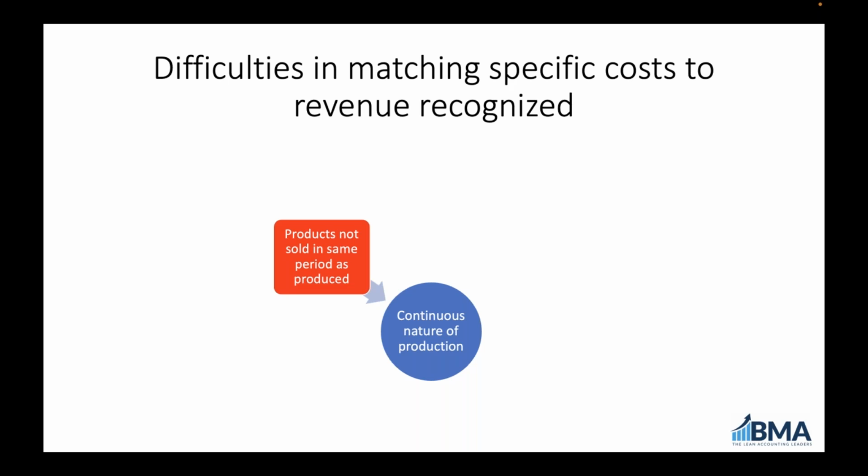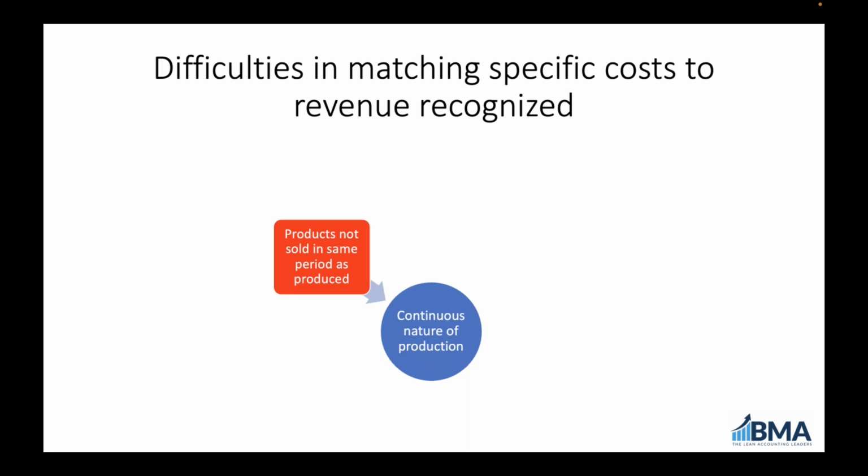Sometimes products are produced and they're not sold in that same period. They might sit in finished goods for a few weeks, maybe for a month, hopefully not too long. For example, you produce products in October 2023 and you put them in finished goods, but you don't sell them until November 2023.